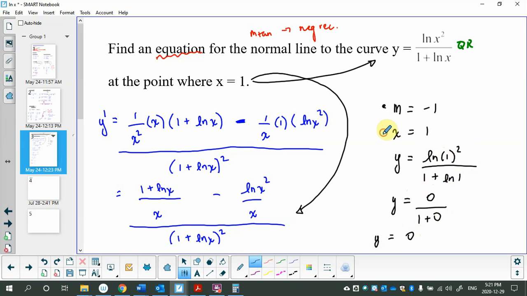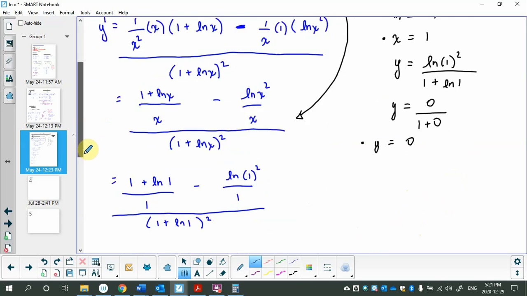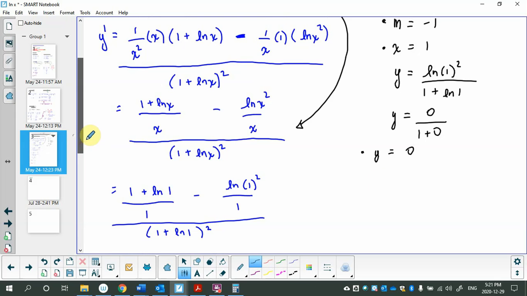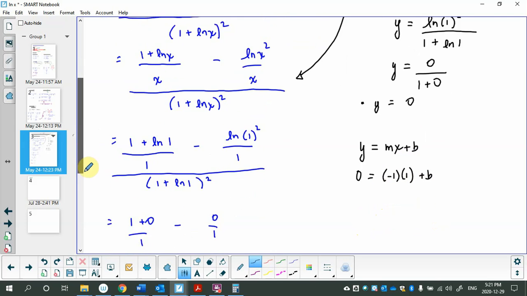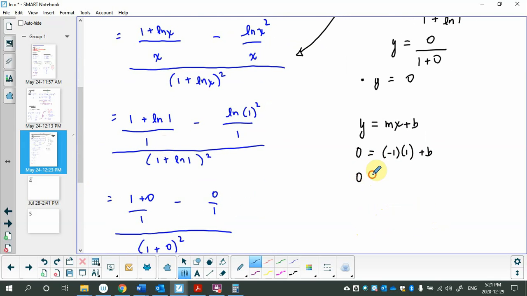So I have this and this and this to do my y equals mx plus b with. So y equals mx plus b. 0 equals negative 1 times 1 plus b. 0 equals negative 1 plus b.